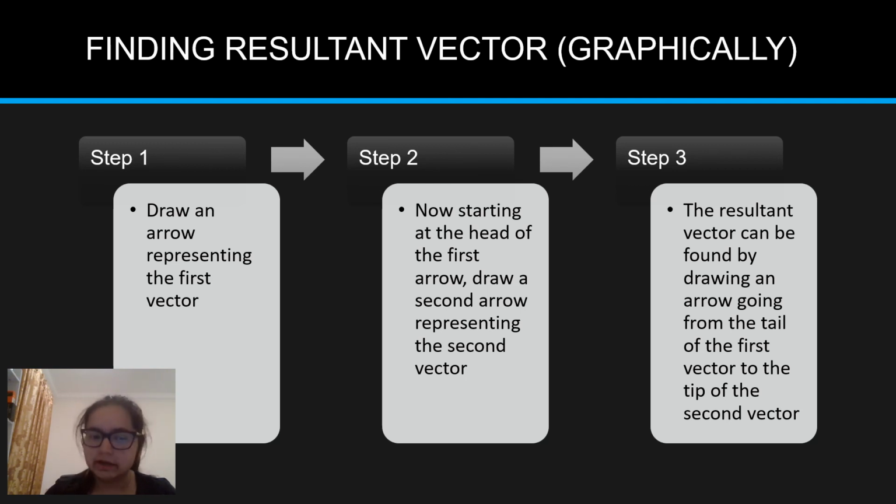And then you can find the size of the resultant vector by just measuring the length, and in this you also may have to tell the scale you are taking, like 2 centimeters as 1 Newton or 1 Newton as 1 centimeter itself. So that scale can also be asked in the exam.